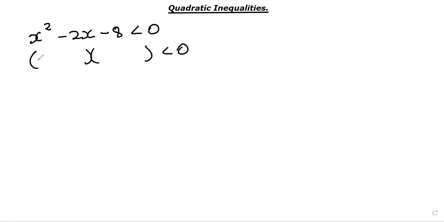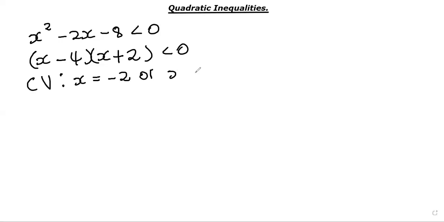Factors of x squared, it's x and x. Factors of 8 that add up to 2, it can only be 4 and 2. The bigger number takes the sign of the middle term, and this one has to be positive, the 2. Then from this point, we write down the critical values. So you say x equals -2 or x equals +4.